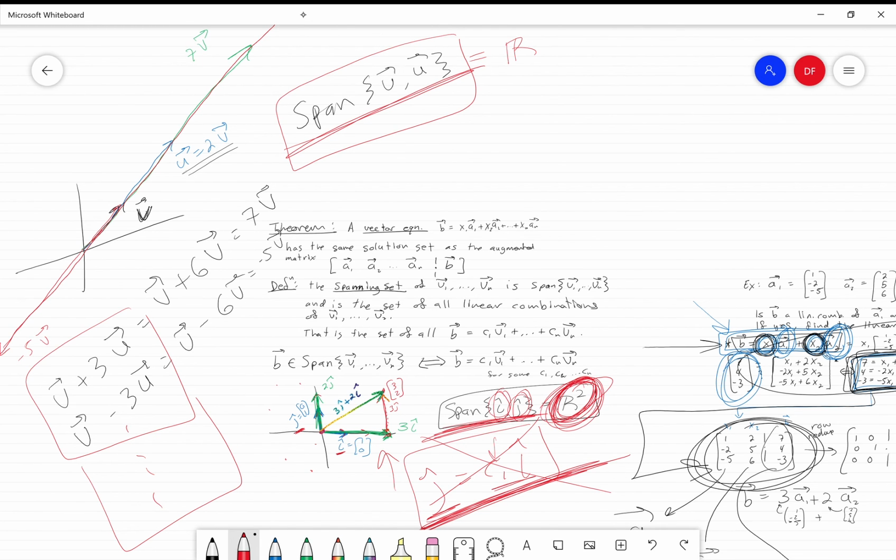So then you should think to yourself, what will give you the span equal to R3? A whole, not just a plane, but a 3-dimensional space. And we saw that if v is a multiple of u, or vice versa, then the span is going to just be a line. Okay? And this is true not only for vectors that exist in 2 dimensions, like this one here, but for 3 dimensions and 4 dimensions, and so on.